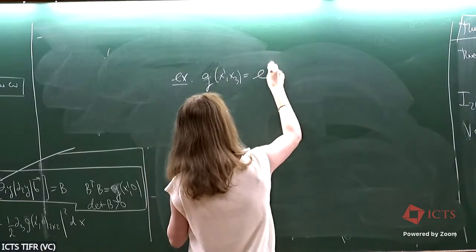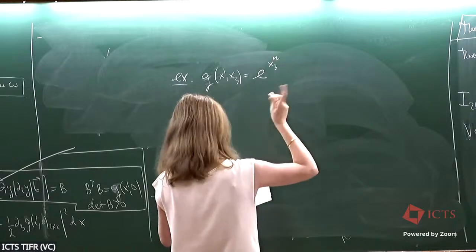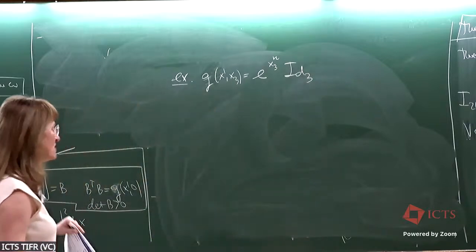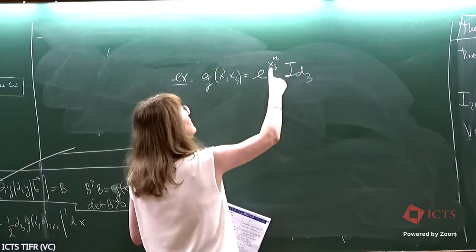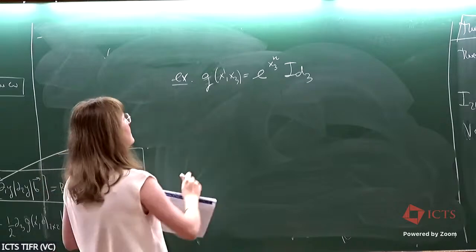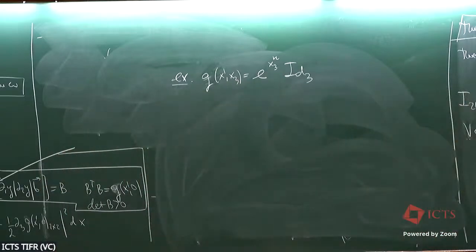Let me put x3 to power n, exactly, identity 3. So there's a conformal metric, the conformal factor being just a polynomial in x3. Okay, it turns out that for this metric, exactly the condition 3 works with, I guess, n minus 1.